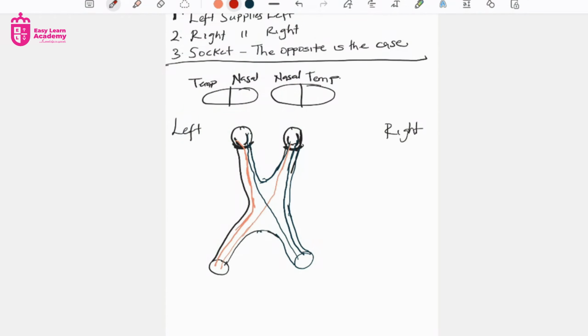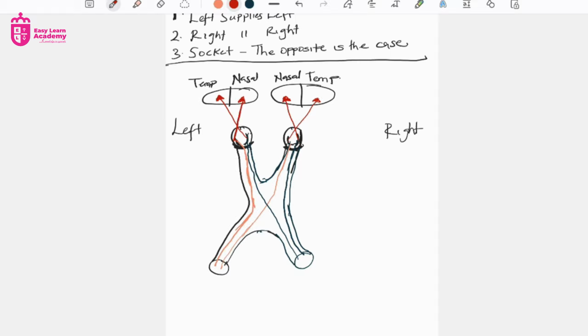So this guy, rather than stay on its side, which is the left, goes to the other side. This guy will actually go to the opposite side. From the left, it will go to the right, and from the right, it will go to the left. And the same thing, this guy goes here, and this guy goes here, following rule 3.